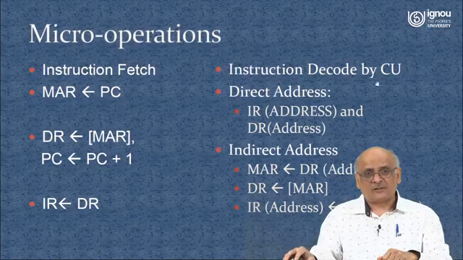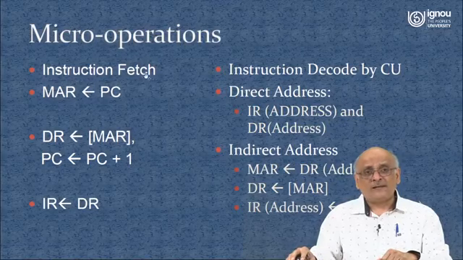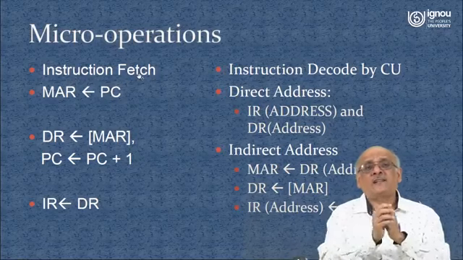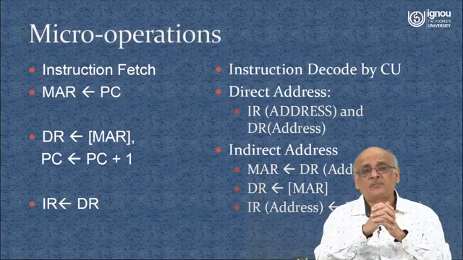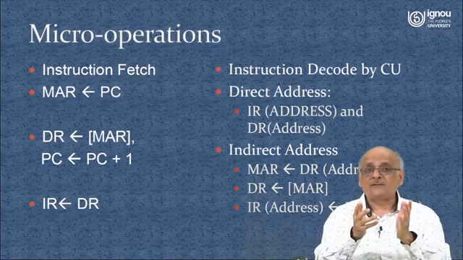Just concentrate on this particular area. The first thing is I need to bring the instruction from memory. So how do I do that? Where exactly does the address of the next instruction reside? In the program counter register.